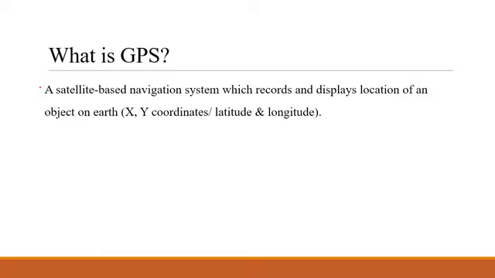The definition can be seen here: a satellite-based navigation system which records and displays the location of an object on the earth, that are X and Y coordinates, or in other words, latitude and longitude. A GPS is a satellite-based navigation system which records and displays the location of an object on the surface of the earth.